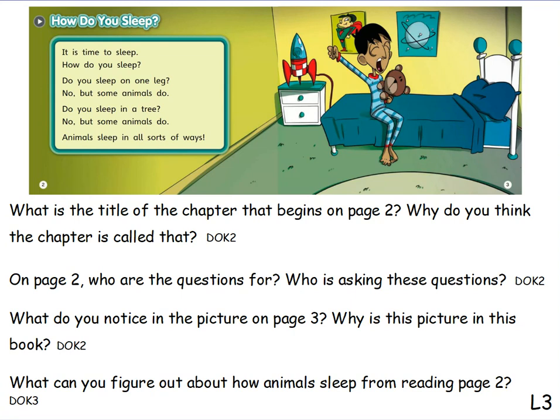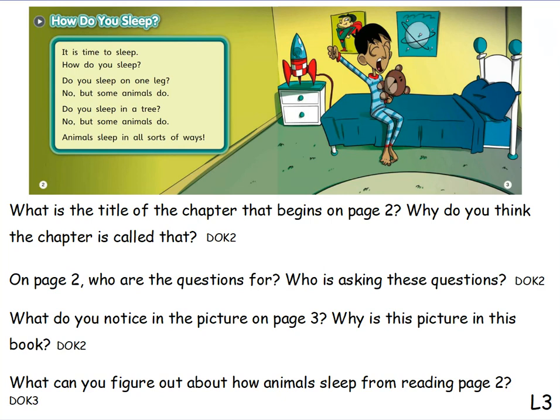Our first question says, what is the title of the chapter that begins on page 2? In an informational text, authors use text features to help the reader understand the text better.